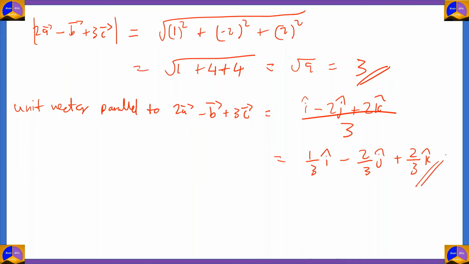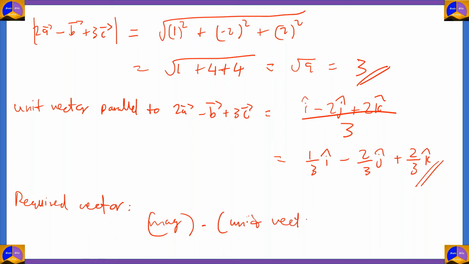Now let's find out the required vector. So the required vector is equal to magnitude of vector times the unit vector. And since our required vector is parallel to 2A minus B plus 3C, it has the unit vector of 2A minus B plus 3C.